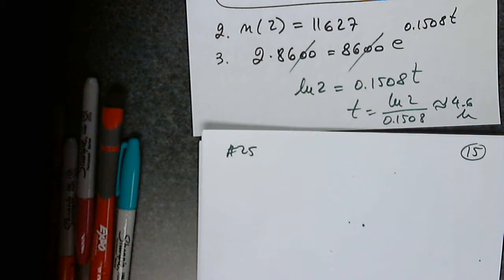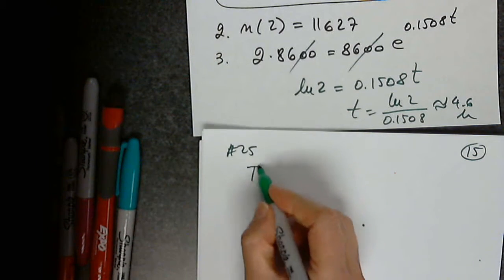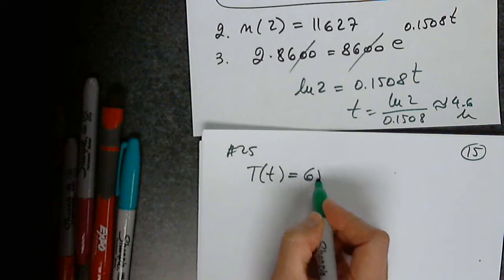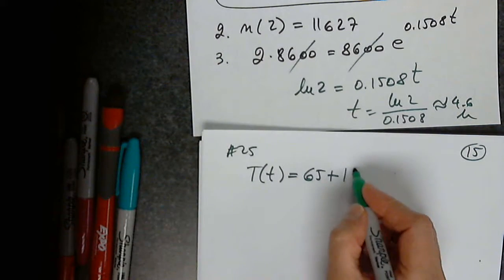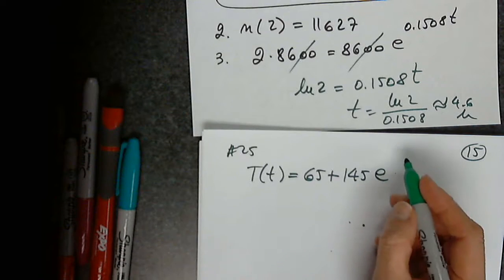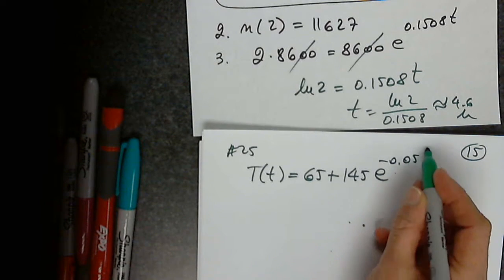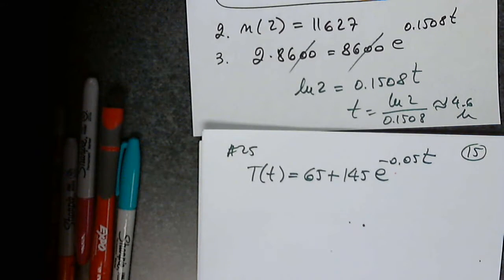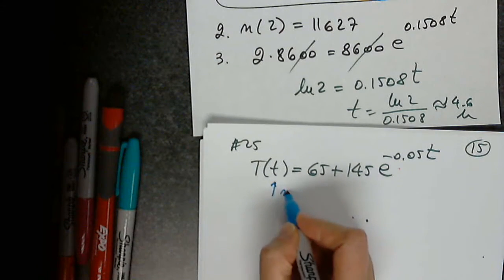So its temperature at time t is given by T of t equals 65 plus 145 times e raised to negative 0.05 t, where t is measured in minutes and T is measured in degrees Fahrenheit.